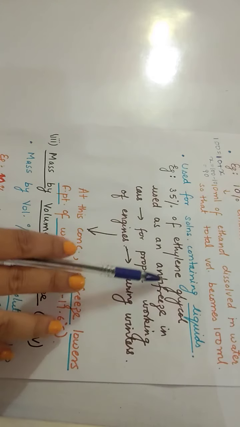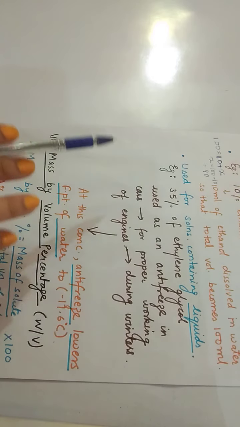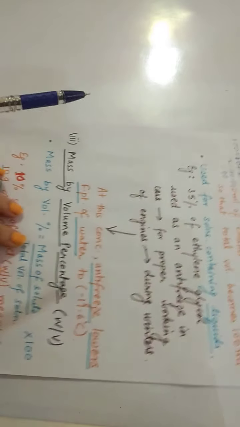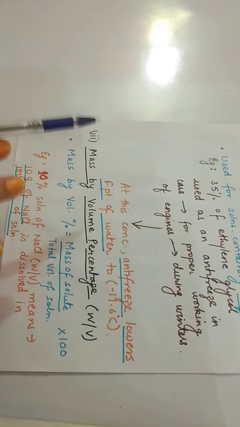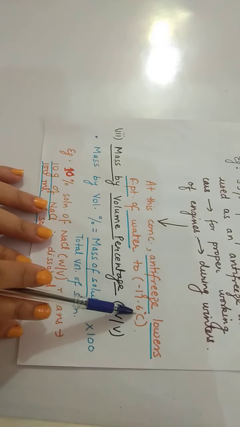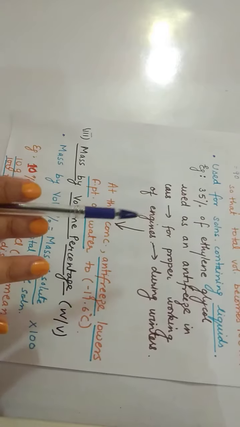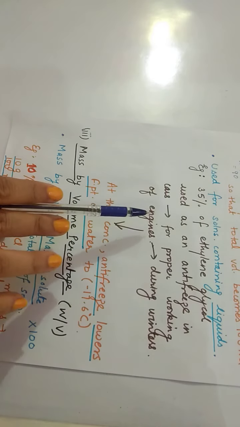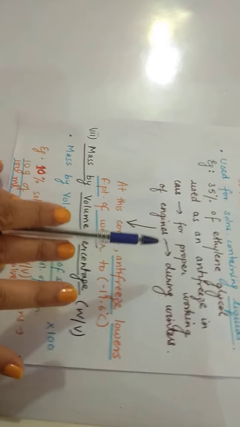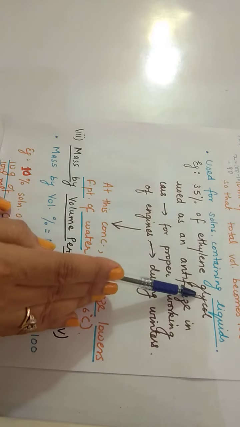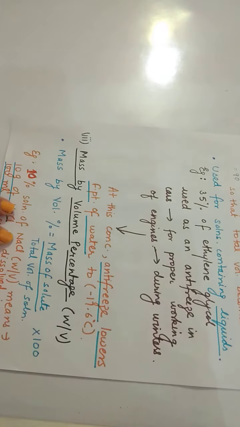So it is used as an antifreeze in cars for proper working of engines during winters. It lowers the freezing point of water to minus 17.6 degrees Celsius so that the engines of cars work properly during winters also. That is the 35% ethylene glycol solution.